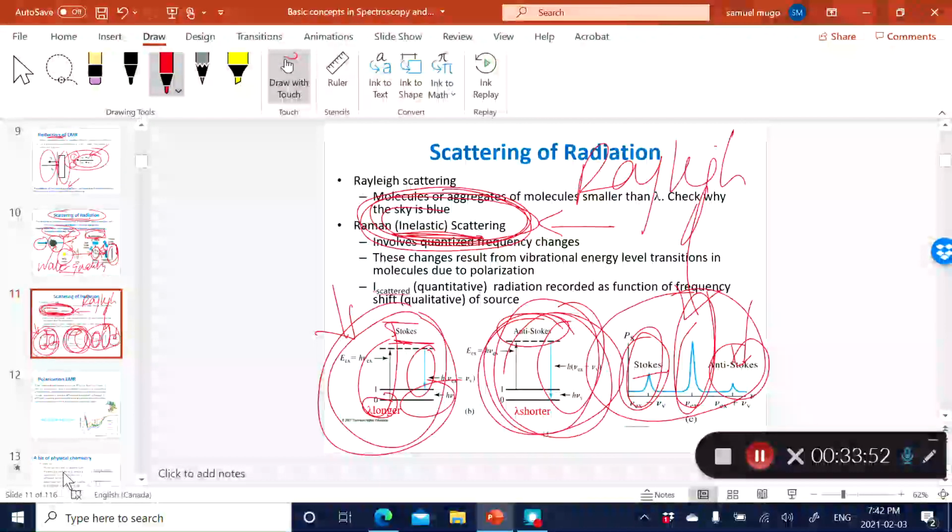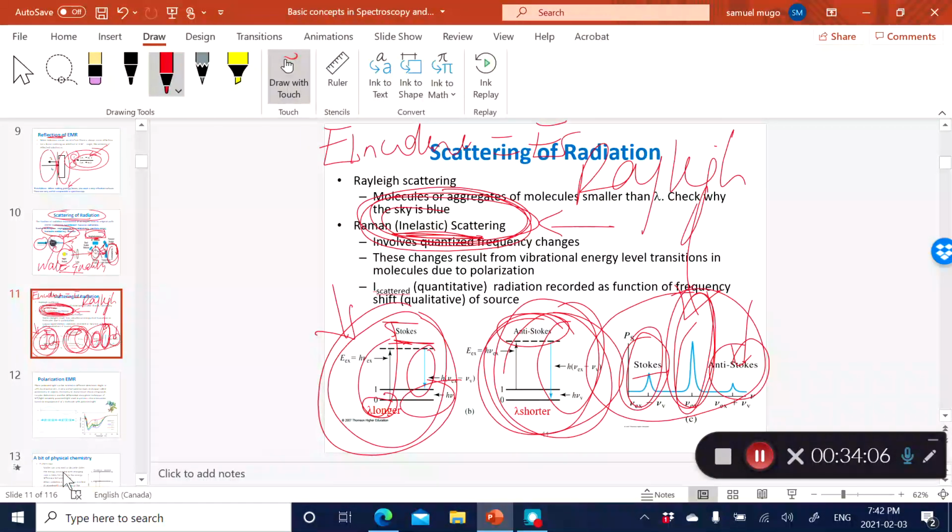And so it's not very useful analytically, because you didn't get any difference in the energy.